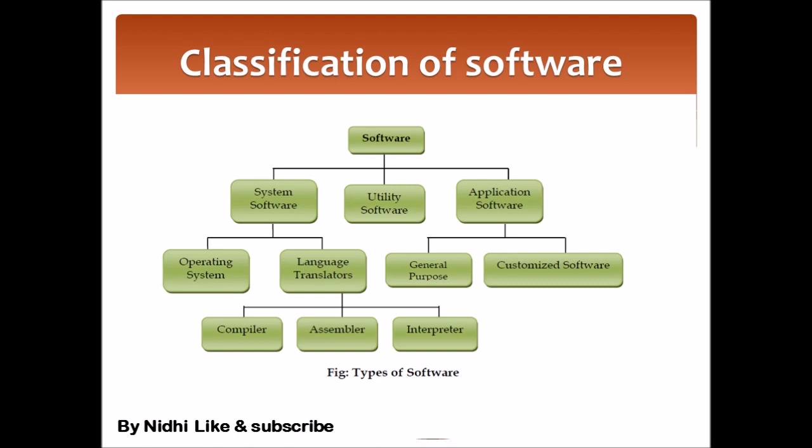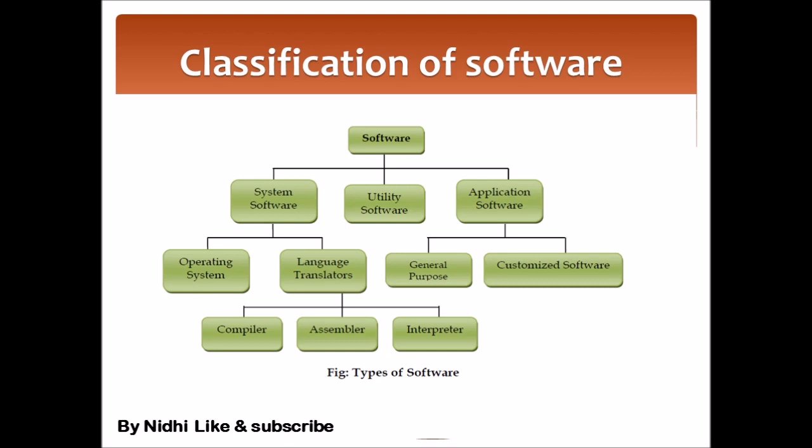System software is further categorized into operating system, language translators, and one more, programming languages. Application software is further categorized into general purpose, customized software, and one more, specific purpose application software. The language translator is further classified into three parts: compiler, assembler and interpreter.